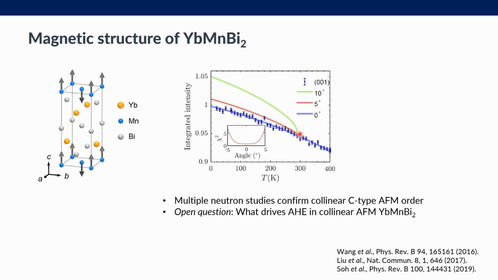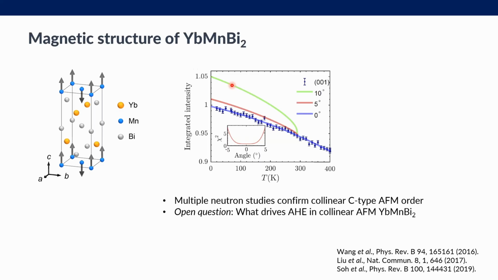If there were 10 degrees of spin canting, as the ARPES work proposed, then the intensity of the 001 Bragg peak should increase according to this green line. Essentially, their analysis shows there is no spin canting, and if there is, the canting angle should be less than 3 degrees.